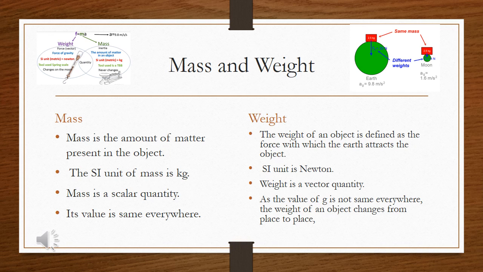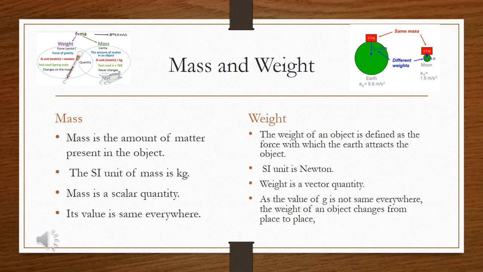Okay, so here the weight of that block on the earth will be larger than the weight of the block on the moon. Now, as we know that F = ma, here we have to take a = g. That means it is the gravitational acceleration, 9.8 meter per second square.